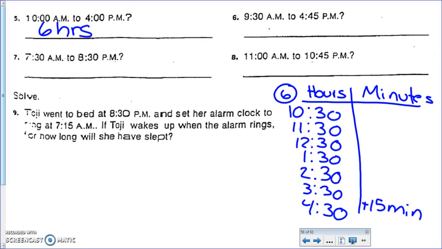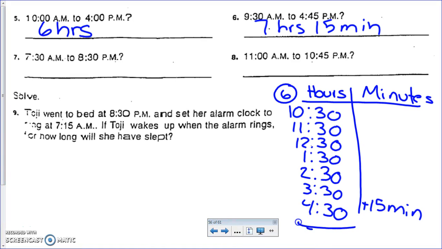So we have 7 hours and 15 minutes. And for the minutes, a lot of times it's easy to count in 5s, or you can just count the 15 in this case because we know it goes straight up to 15.